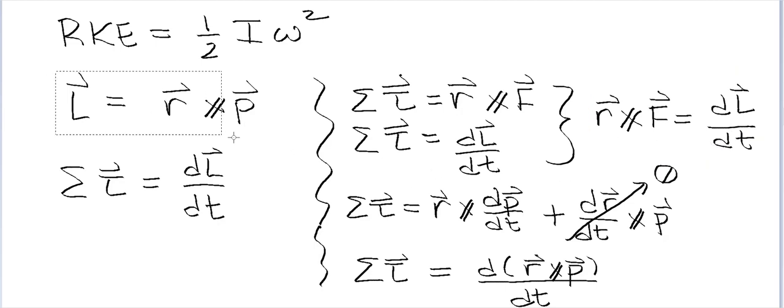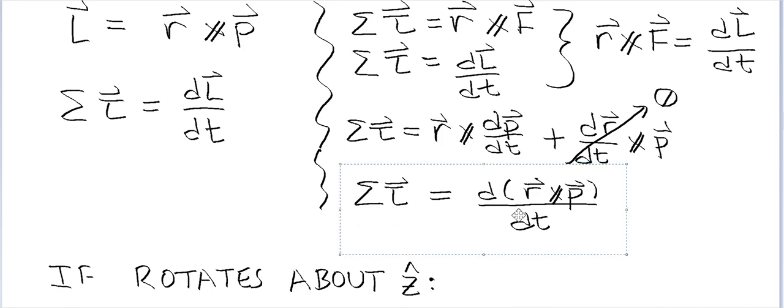But if L is equal to r cross p, then dL dt we could write as r cross dp dt plus dr dt cross p. And assuming that r isn't changing, then dr dt is 0, and so this second term goes away. And so we can say that the sum of the torques is just d of r cross p dt.